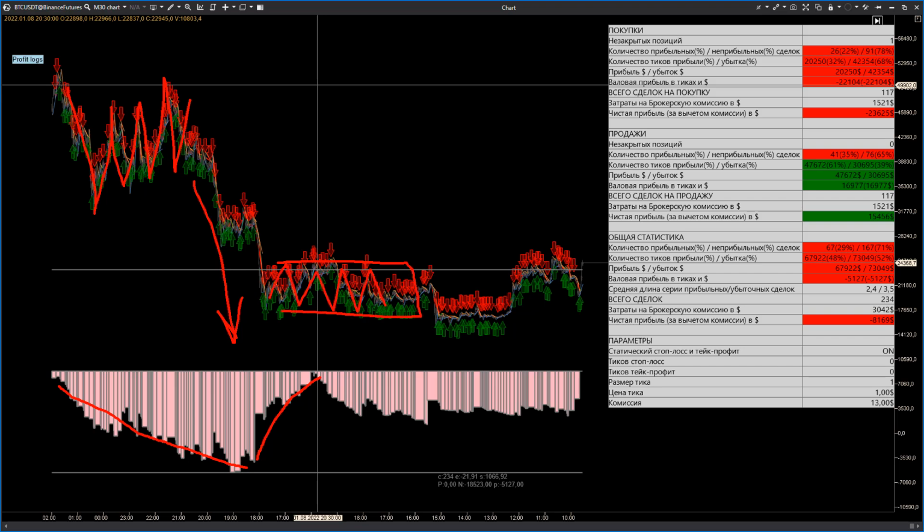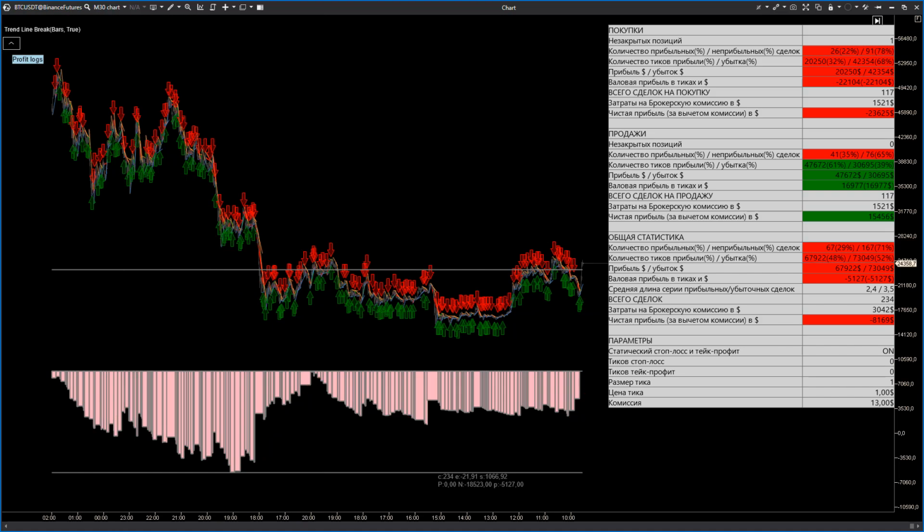So, let's summarize. To be honest, I was skeptical about trend lines, as well as about all classical technical analysis from the beginning of the last century. My fears were confirmed in that trend lines are not the grail. We also learned that in times of flat, the indicator drains the deposit.